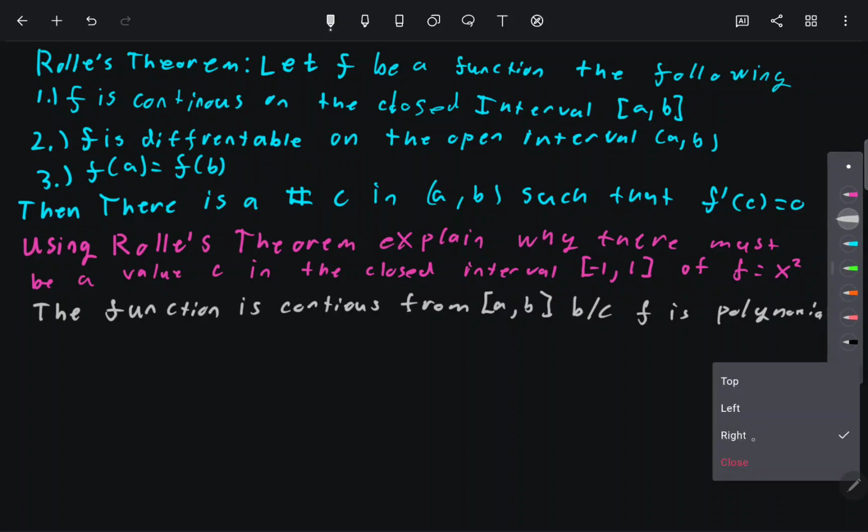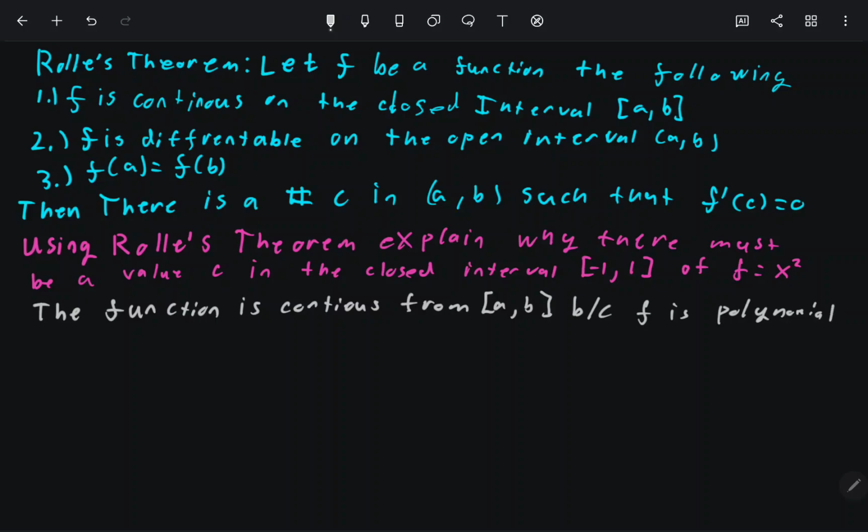Alright, then the next condition we have to make sure it satisfies is that it's differentiable, which is also true because it's a polynomial.